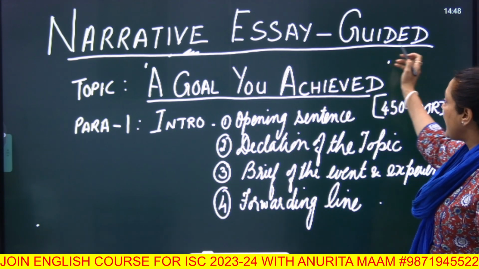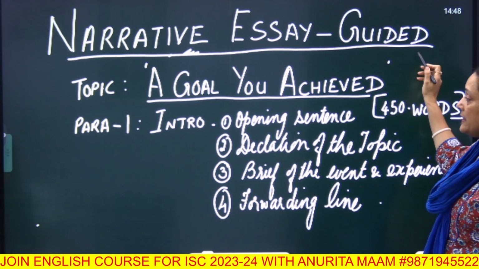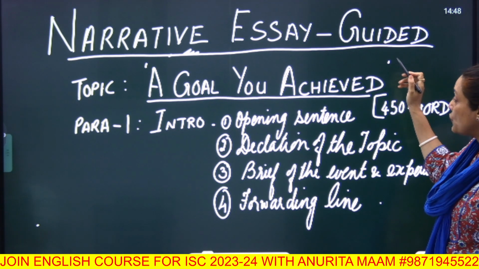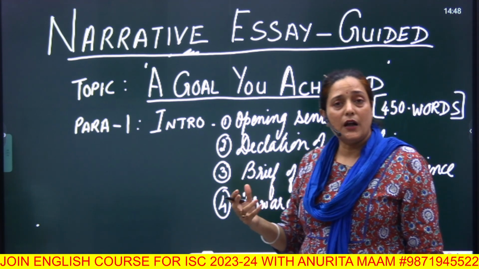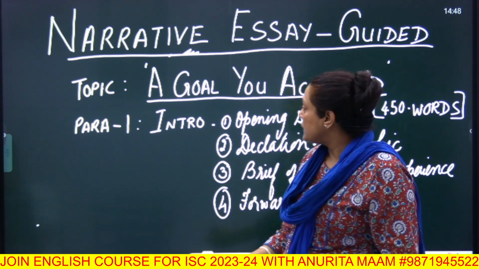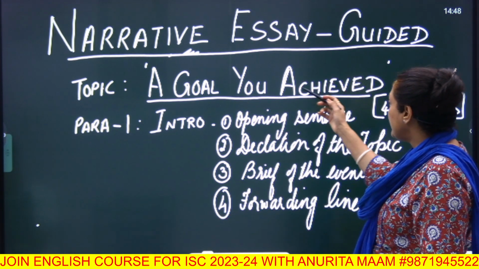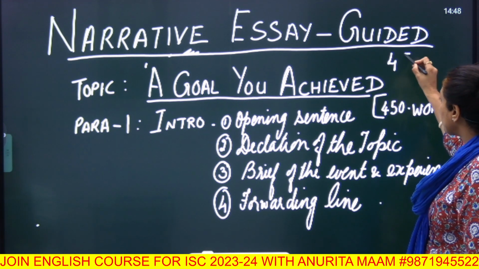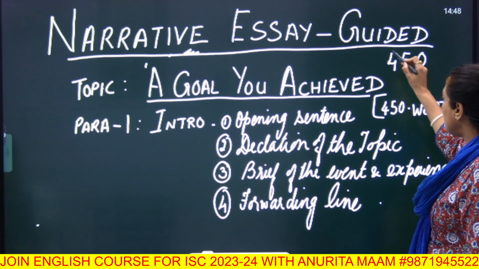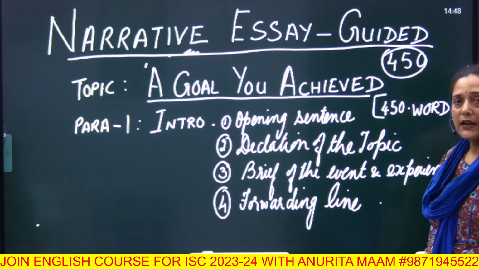Narrative essays, and this one is guided. So I'll guide you through. So I want you to pay attention because it's a beautiful topic. The topic is a goal you achieved. You know already that your word limit stops at 450 words, not a line more.